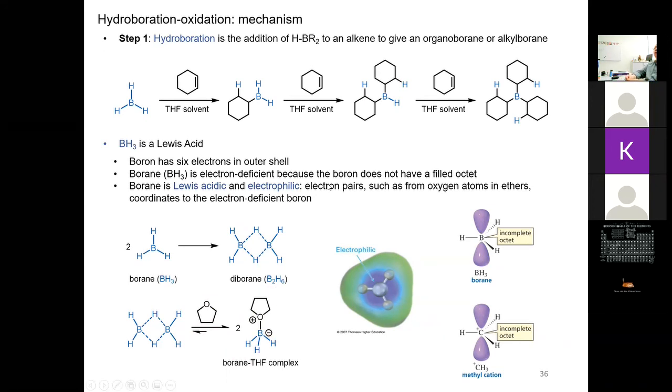Nowadays in the lab, if you want to do hydroboration-oxidation reactions, you can directly buy bottles of borane-THF complex. It's basically borane in THF solvent, and inside, the O of the tetrahydrofuran and the BH3 are complexed with each other.